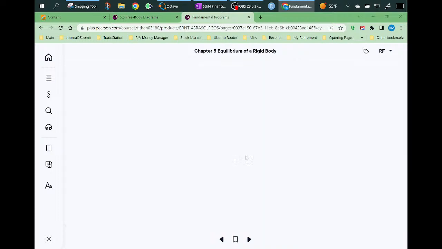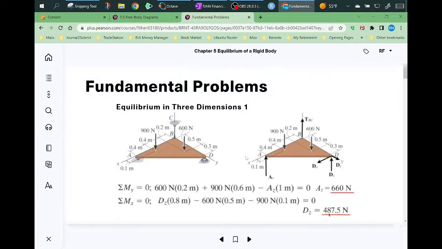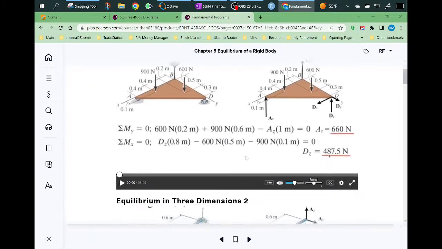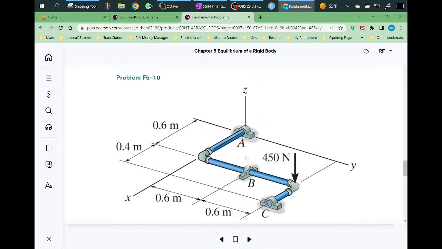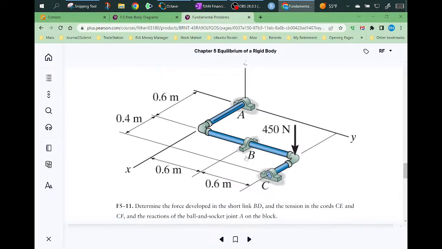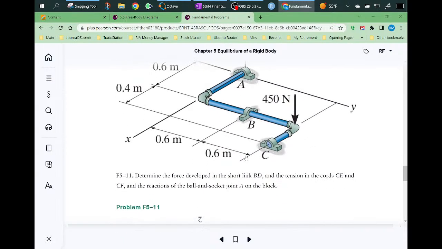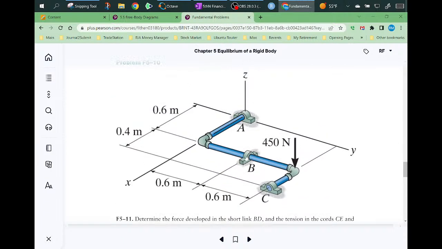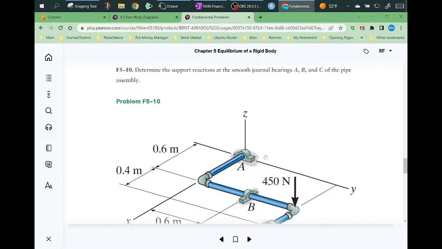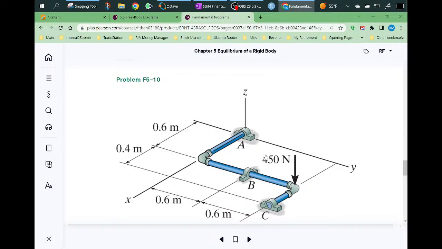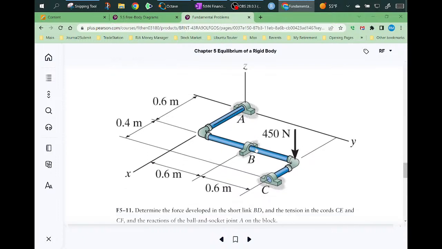We may just pick up one of those and work it. No, those are all worked for you, except maybe some of these. A, B, and C of the pipe assembly. Okay, I think there's enough information.